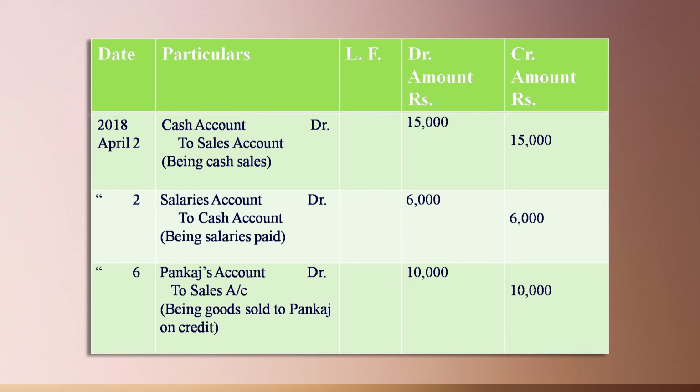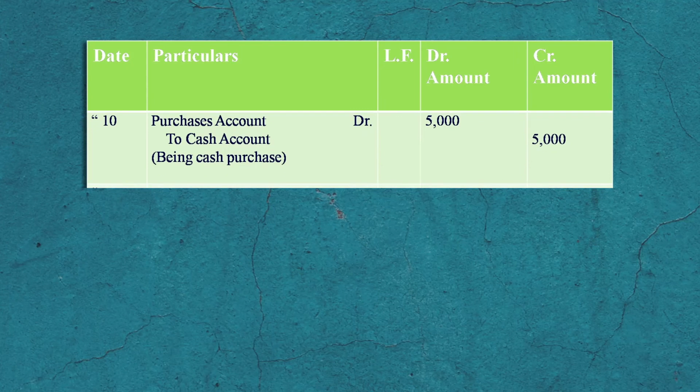So we can see 10,000 in the debit side of Pankaj account, and in the sales account you can see the credit side, 10,000 rupees by Pankaj 10,000 rupees.